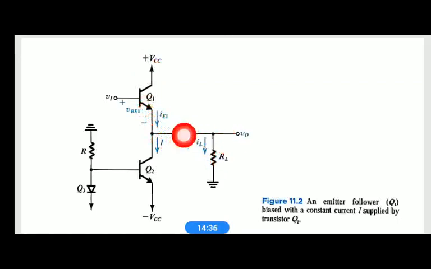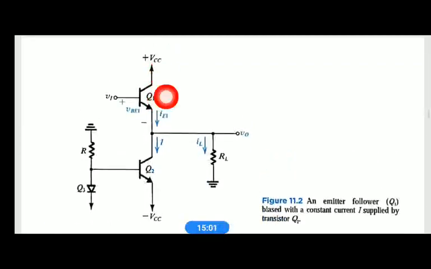You can see this loop here, from here to here. If you see the loop, at this point of V0, we can write V0 plus VCE minus VCC.